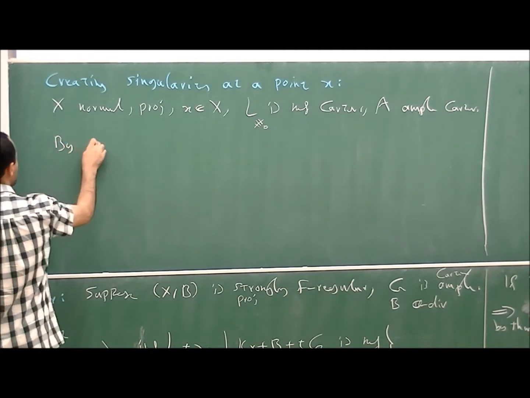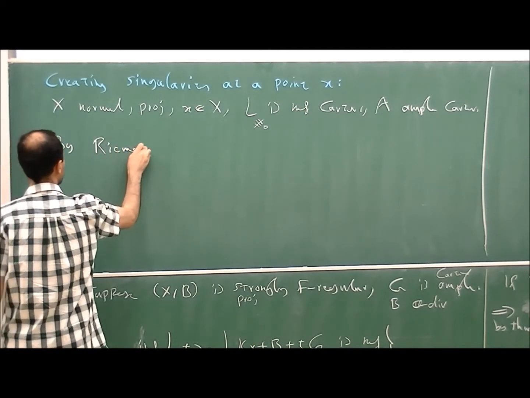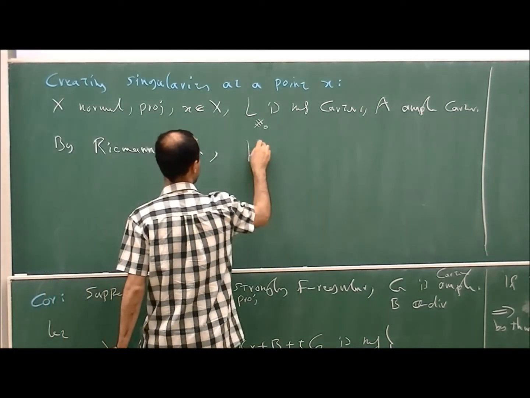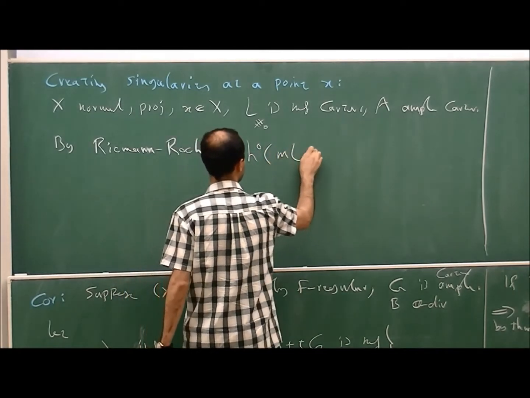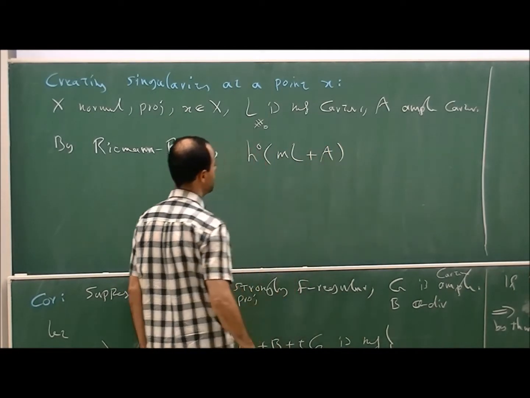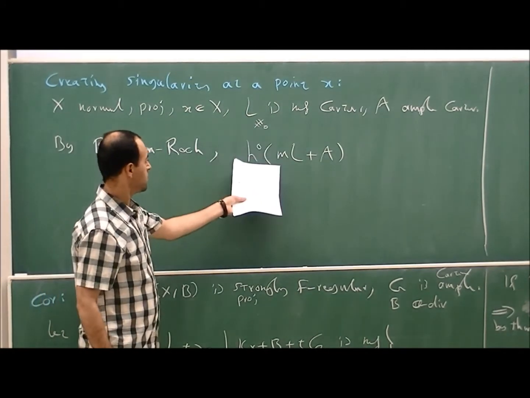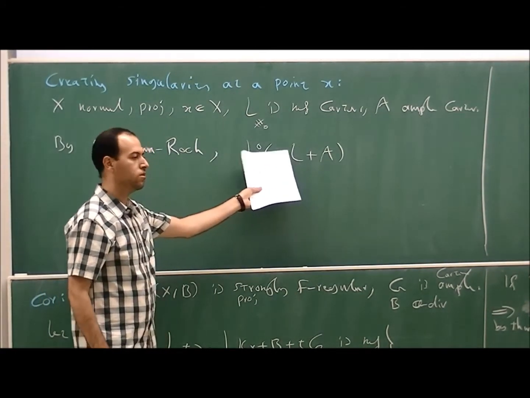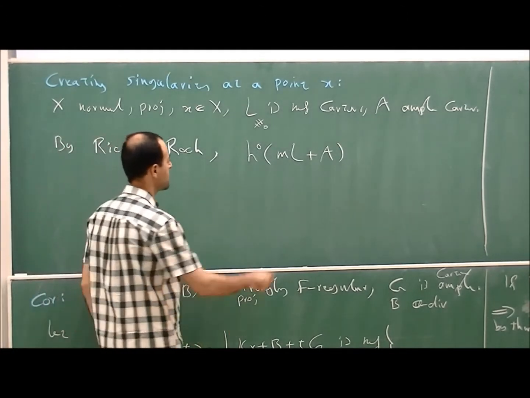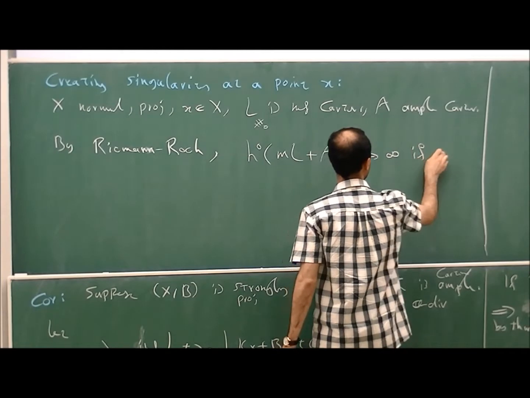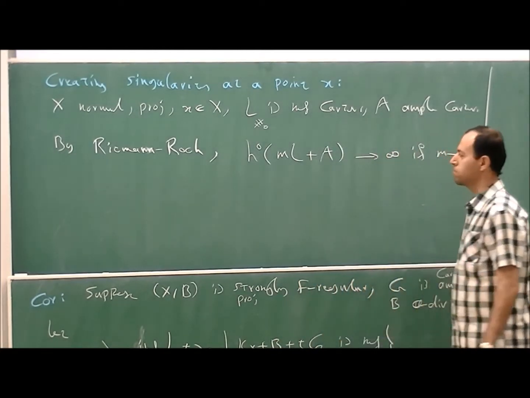Then by the Riemann-Roch theorem, you can calculate the dimension of this linear system. So if you choose A to be ample enough, you calculate its sections, and Riemann-Roch will give you a polynomial in m expressing the number of sections, and this will go to infinity as m goes to infinity.